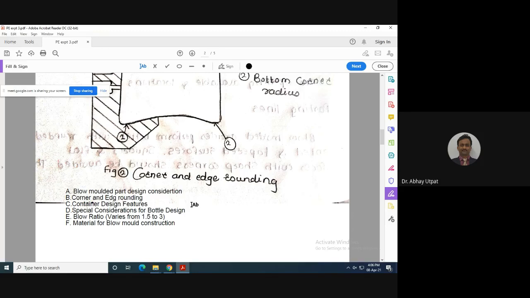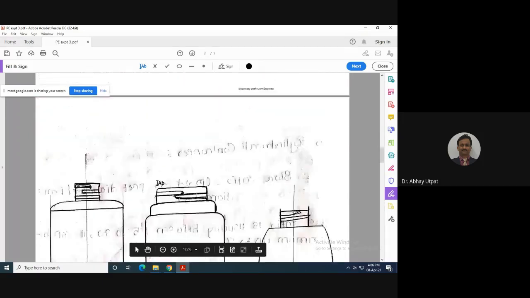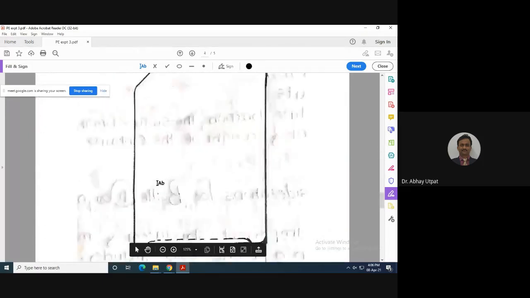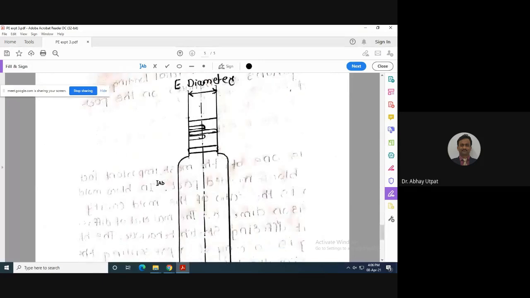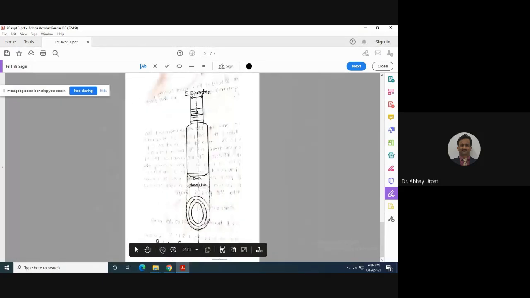Next one is a very important aspect, blow ratio. See, it is given. Blow ratio varies between 1.5 to 3. What is blow ratio? See here, this is one bottle, this is just the top view.